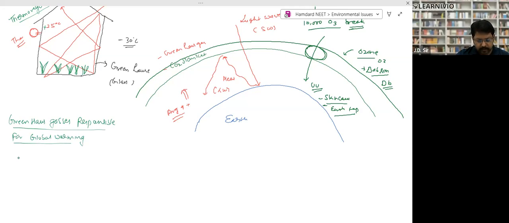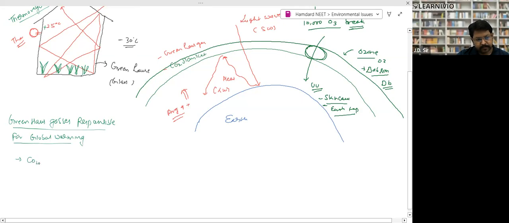So there is one gas, carbon dioxide. Carbon dioxide is approximately 60%. The second one is methane.